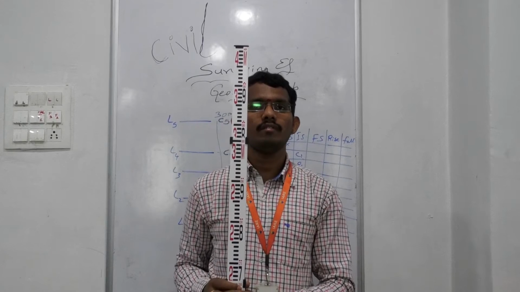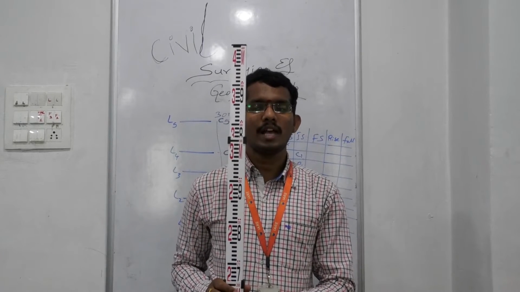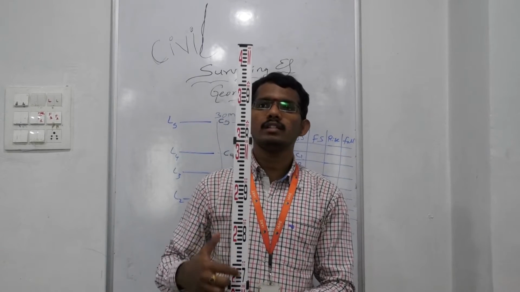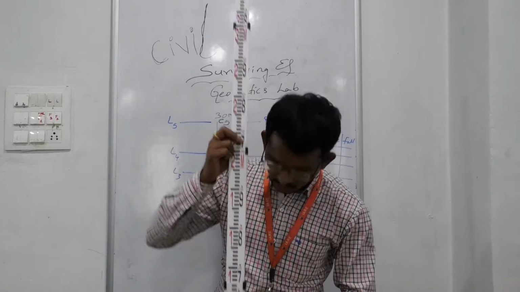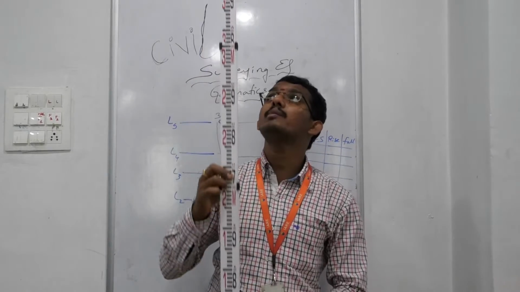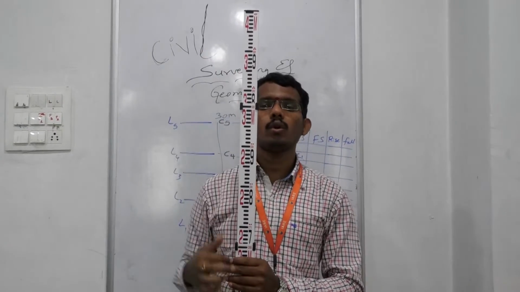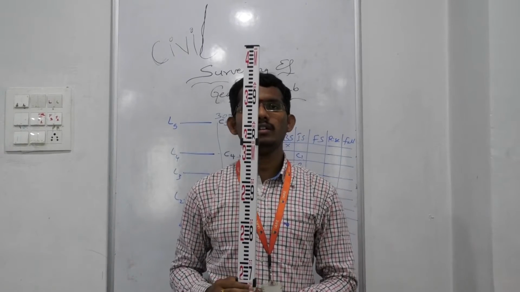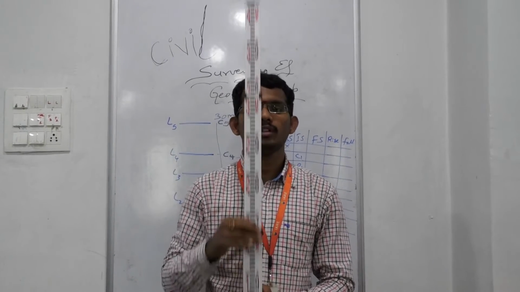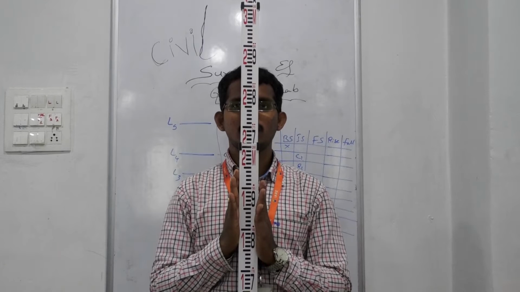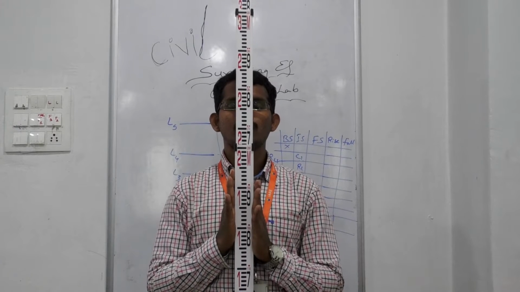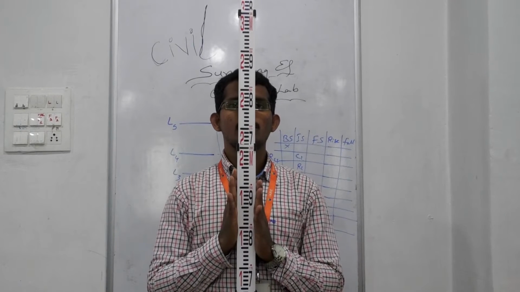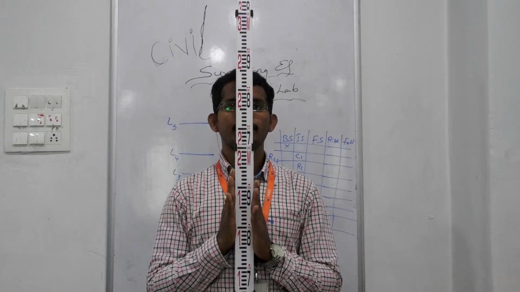The height of the leveling staff is generally 4 meter as per the standards. You can see the readings start from 1 meter at the bottom and go to 4 meter at the top. So the total length of the leveling staff is about 4 meter. Now the surveyor will hold this leveling staff on the points which we have marked in the field. This is the exact position of holding your leveling staff on site.